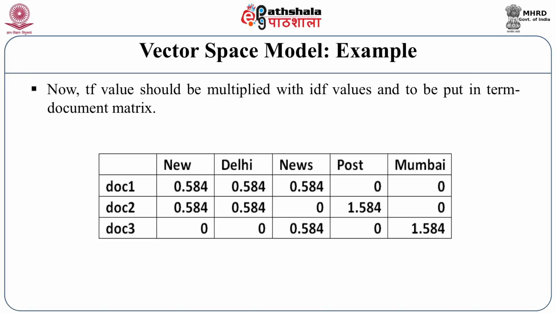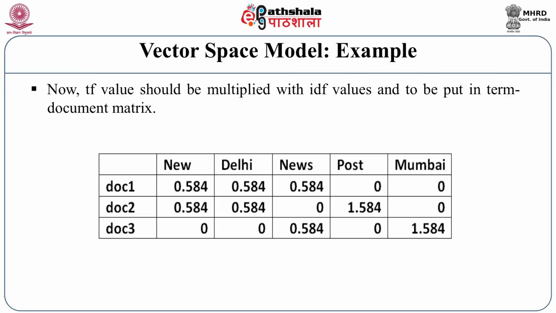You can also do it the other way: the terms may be along the rows, and the document IDs along the columns. Both will do. For document 1, the three terms new, Delhi, news occurred. So the corresponding cell value will be 1 and the rest will be 0. Likewise I am doing it for the 3 documents.